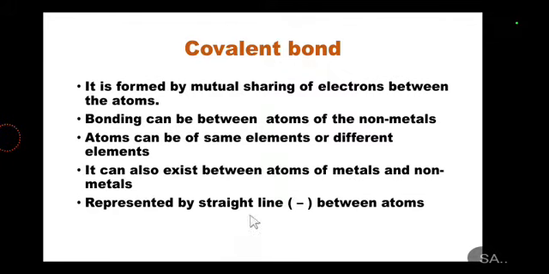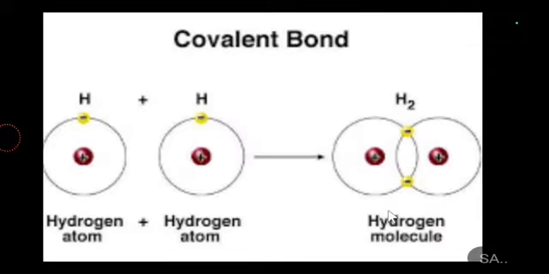It can also exist between the atoms of metals and nonmetals. The covalent bond is represented with the help of a straight line between the atoms which are sharing the electrons. Here I have given an example, the simplest example: the hydrogen molecule, hydrogen gas, is forming.